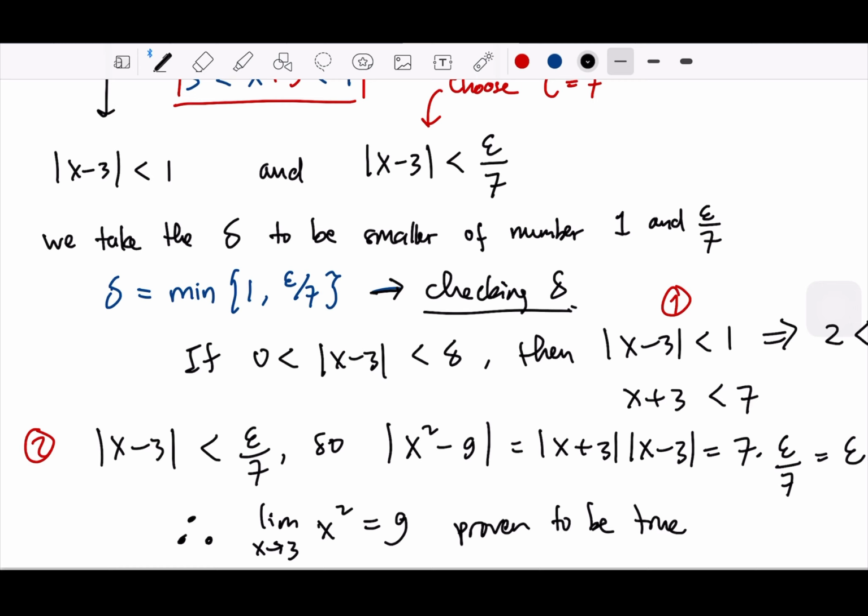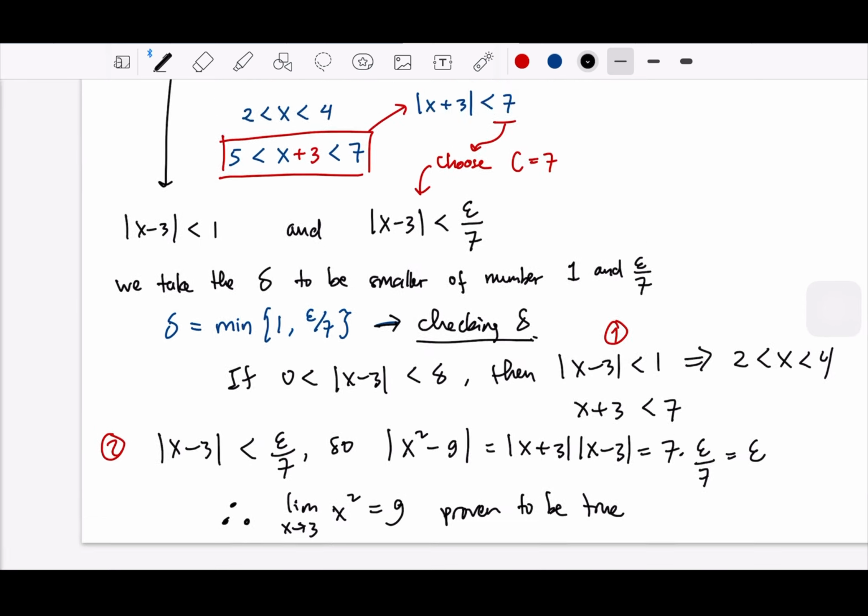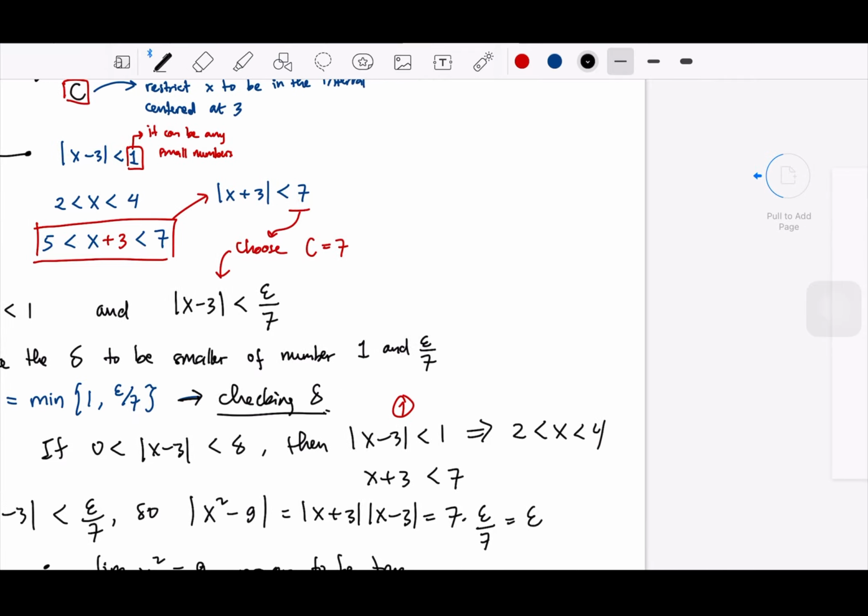Okay, I think we can move on to the next section. The next section is about continuity. And I hope we can finish continuity and maybe have some examples. And as we near the end of chapter 2, I think maybe next week, maybe in 2 weeks, we will have a quiz.